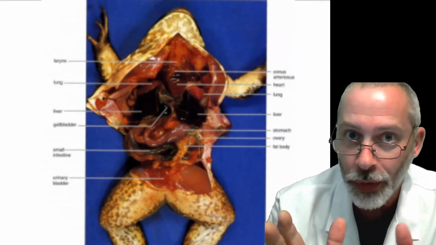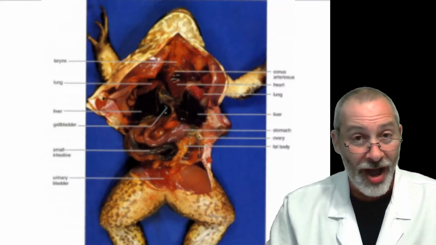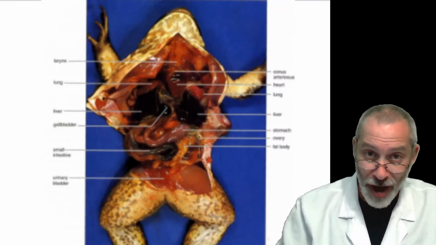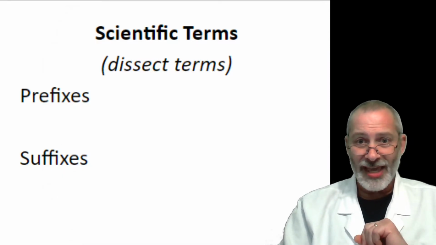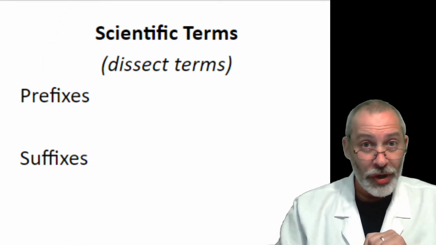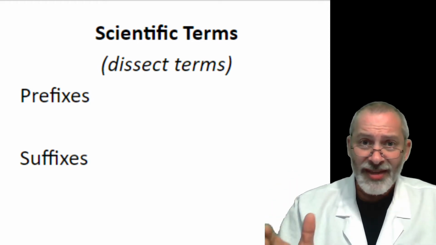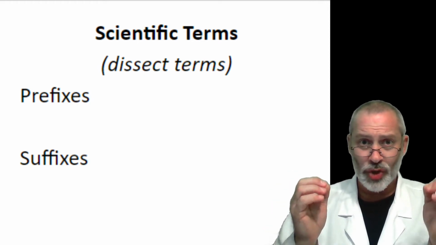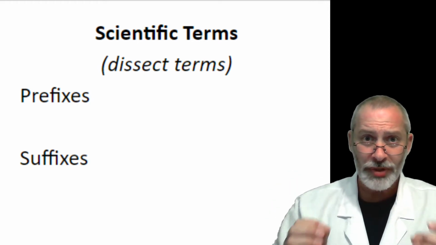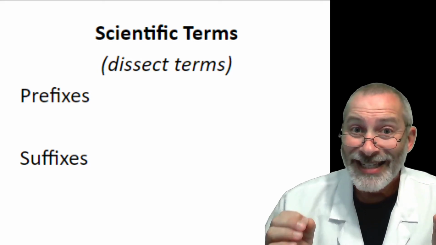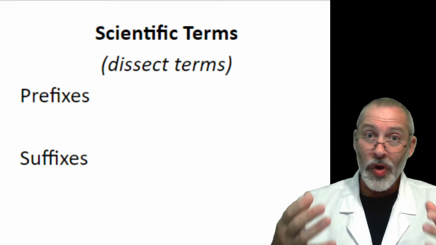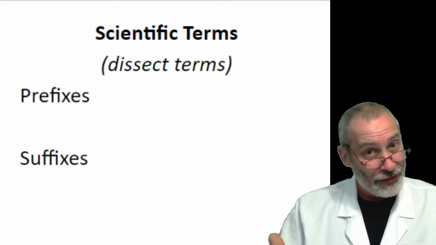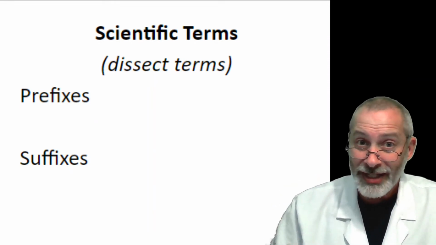But no, don't worry, Kermit. We're not going to be using the frog to dissect, but rather we're going to dissect words. You see, in science class, it is extremely important for you to be able to dissect words, to know what words are made out of, so that you can figure out how they tick.